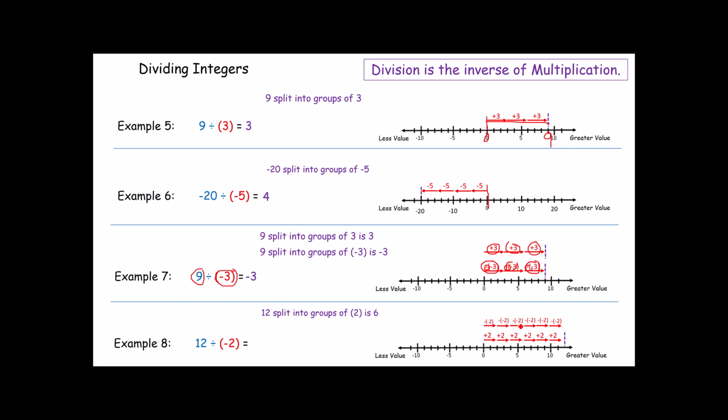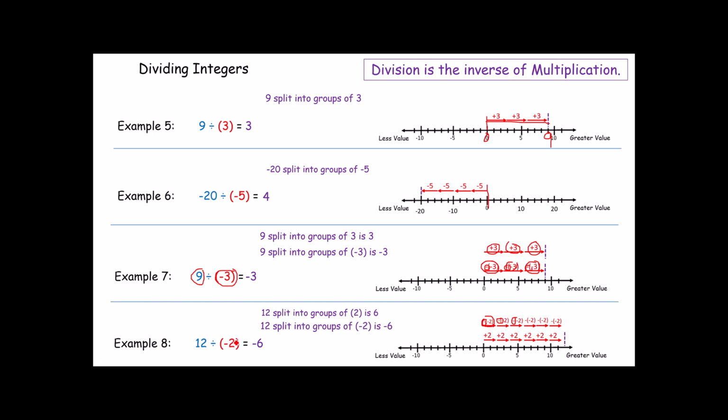Well, there's still 6 of them. 1, 2, 3, 4, 5, 6. But notice I've had to do the opposite of -2. In other words, I need the opposite of 6, which is -6, of -2. That's another way to think about it.